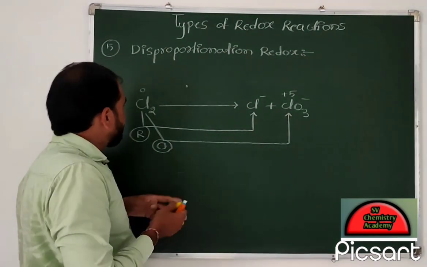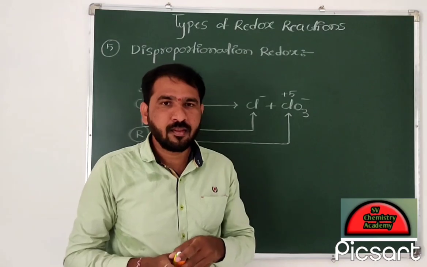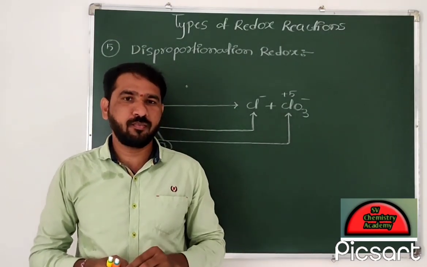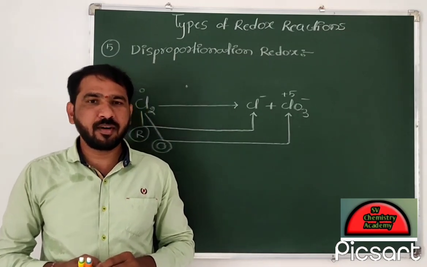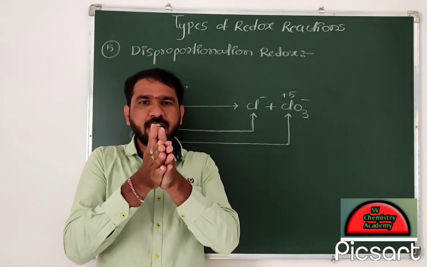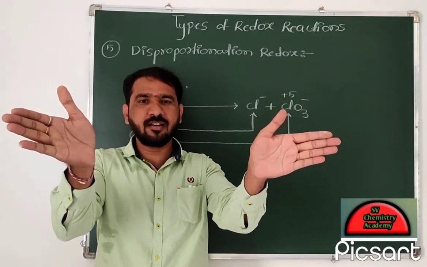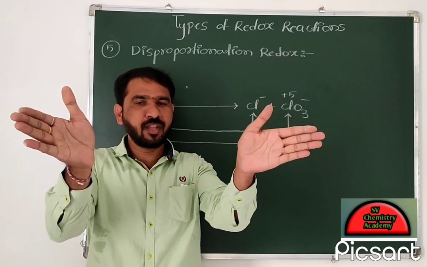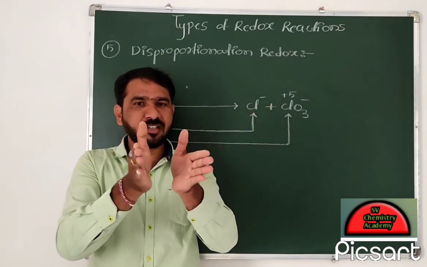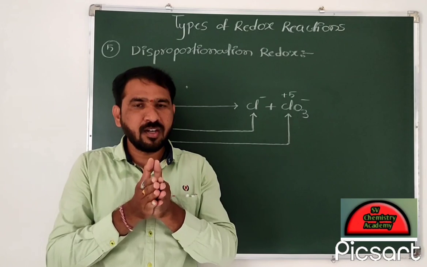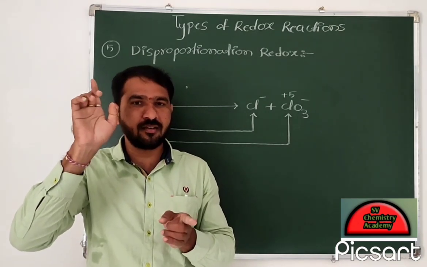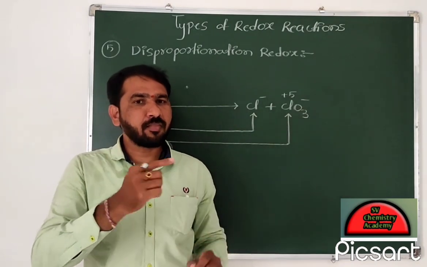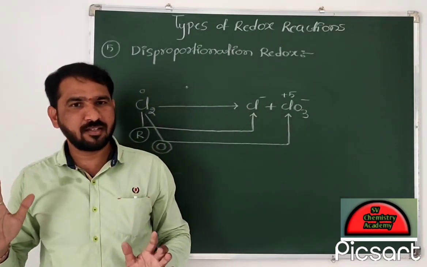So here, from a single molecule, oxidation and reduction processes happen, in a single atom also. So simply remember, a single oxidation state dissociating into 2 different oxidation states, that process is called a disproportionation redox reaction. If 2 different oxidation states combine into a single oxidation state, it is called what? Comproportionation redox reaction. It means disproportionation is the forward step, comproportionation the backward step. That's it. Is it clear?